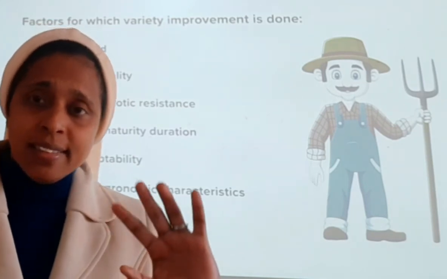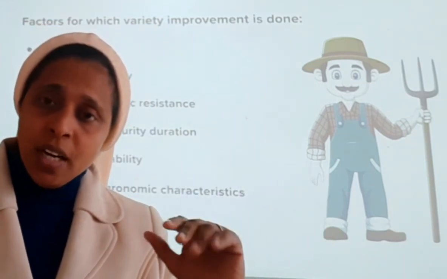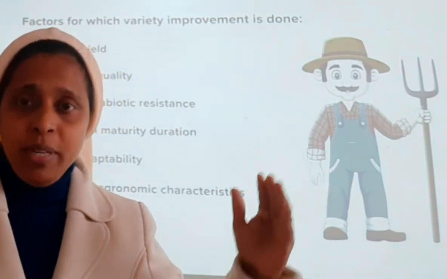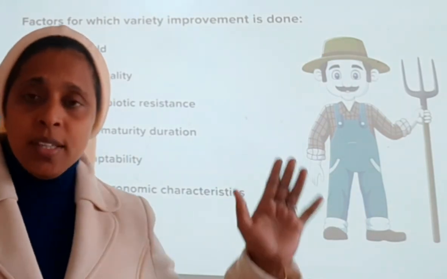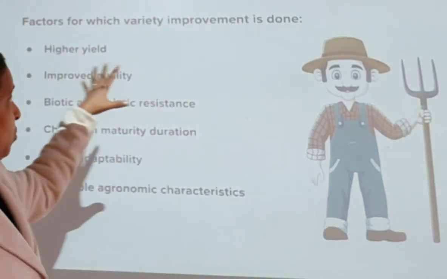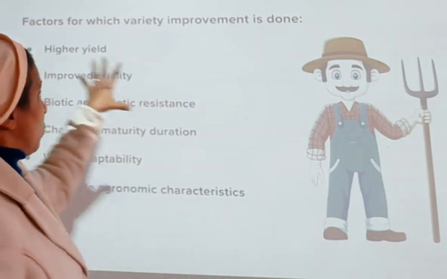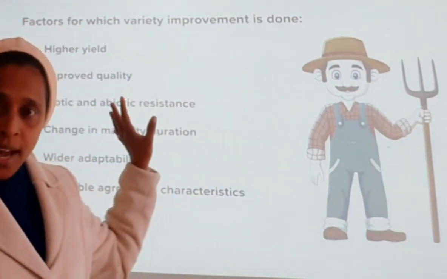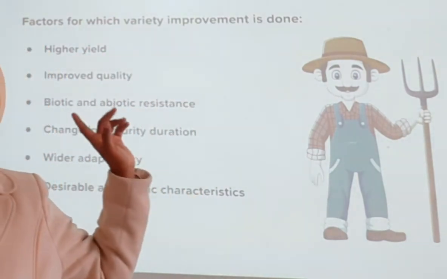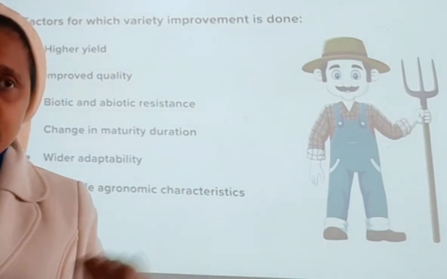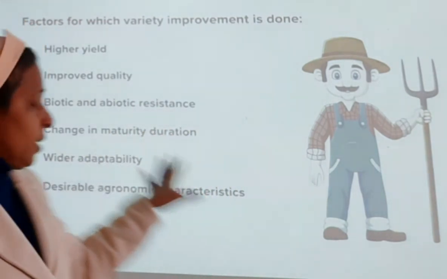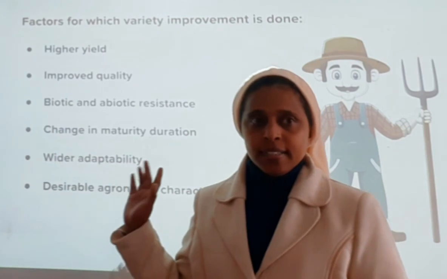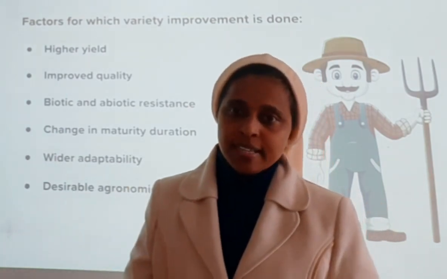We must think about how the economics will be, what the height of the plant is; all this we will be desiring here. So the factors for crop variety improvement are higher yield, improved quality, biotic and abiotic resistance, change in the maturity duration, wider adaptability, and the desirable agronomic characters.